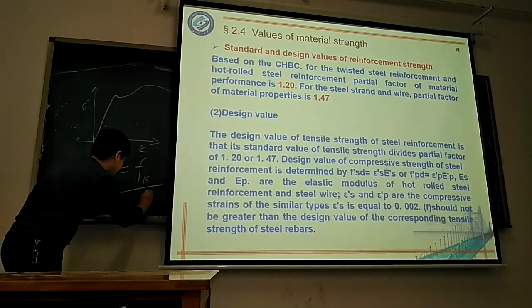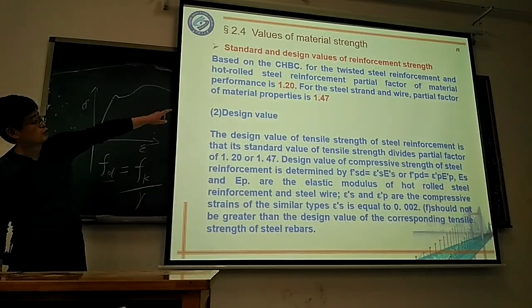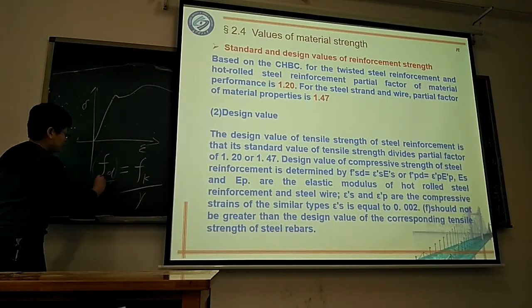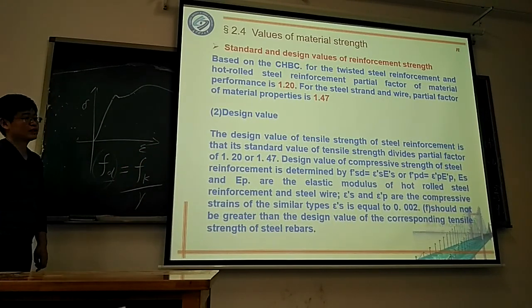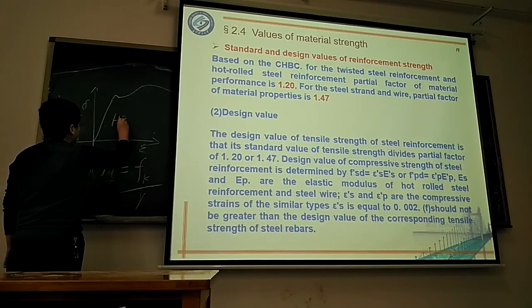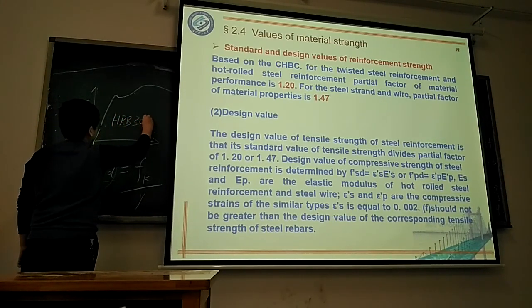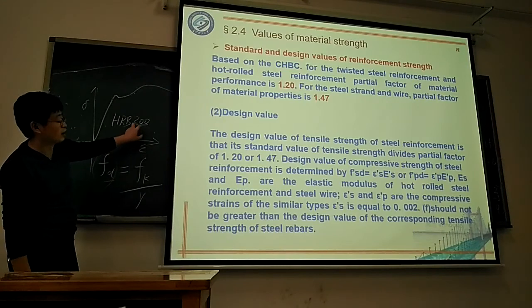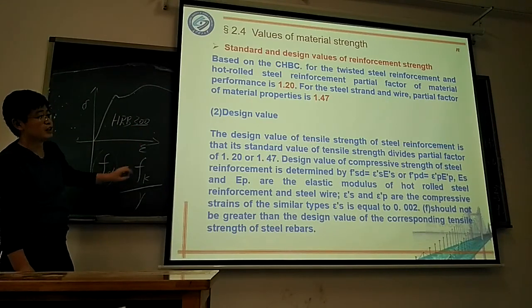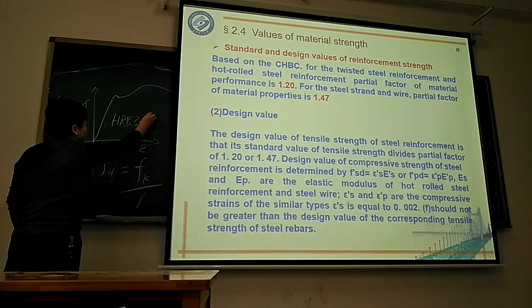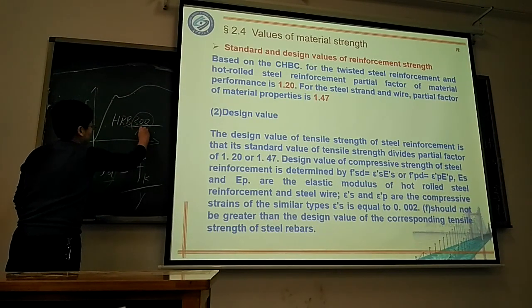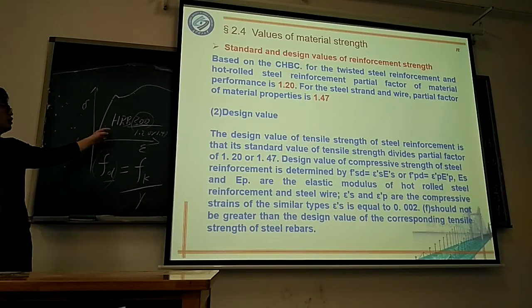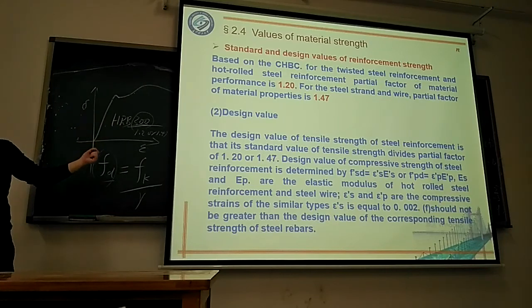Gamma equals 1.2 or 1.47, so the design value is smaller than the standard value. This is the tensile strength standard value of the reinforcement. When you design, we don't use this value; we use this value divided by 1.2 or 1.47 according to your reinforcement type.